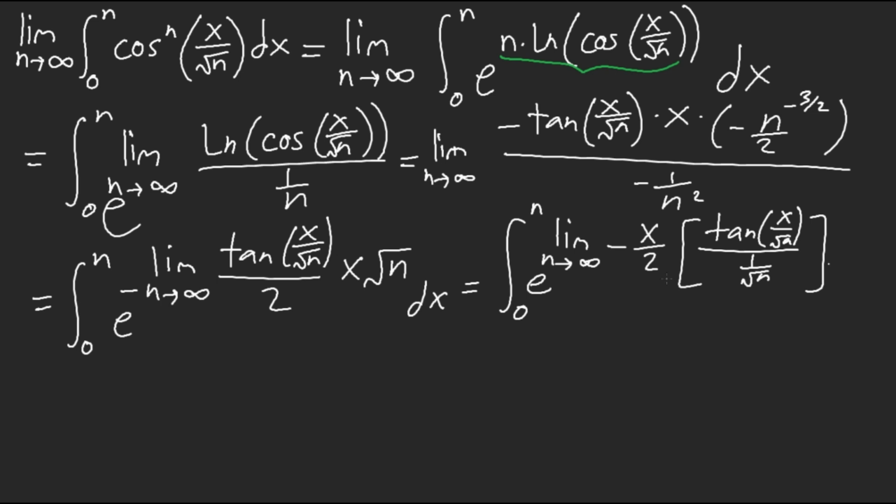If we turn this into sine over cosine, and you let x times x, that's going to be 1, and then left with cosine of x over n. Plug in n to infinity, it's 0. Cosine of 0 is 1.